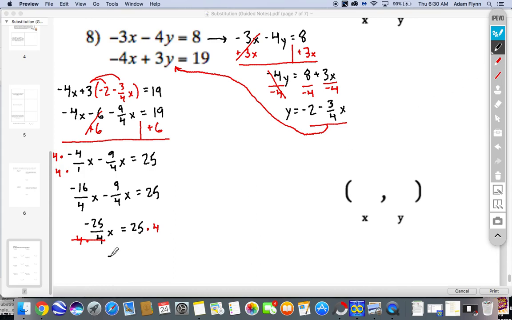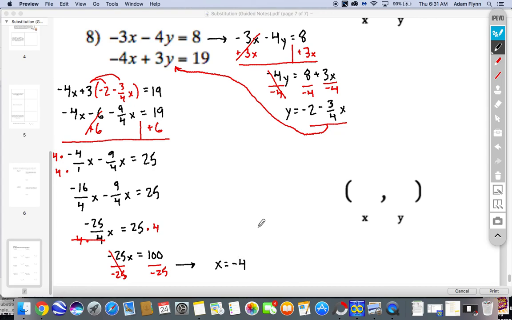So I get -25x equals 25 times 4, which is 100. At this point, I can divide both sides by negative 25. Negative 25's cancel on the left side. And I end up with x equals 100 divided by negative 25 on the right side. So that is going to be negative 4.